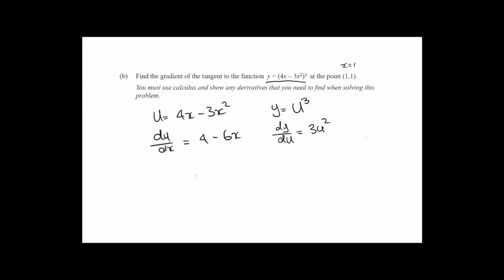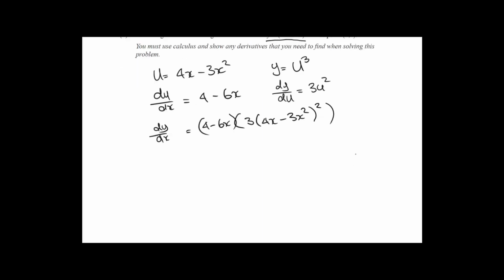So our final answer, dy dx, is therefore going to be 4 minus 6x times 3 times (4x minus 3x squared) squared. Looks really nasty, but it's not really.